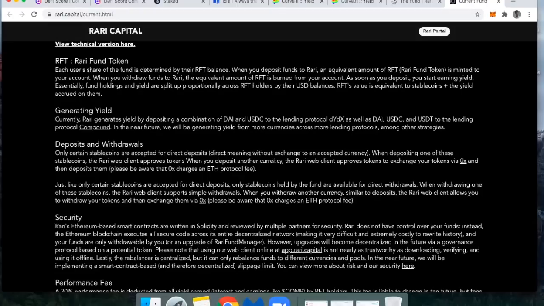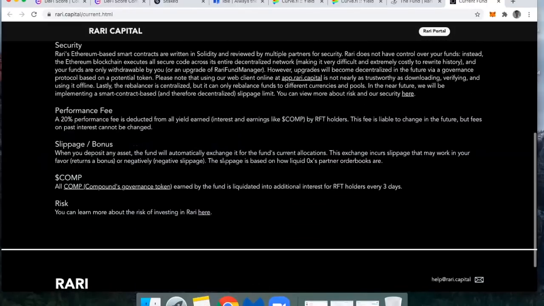Another thing to consider, and I think this is very clever, is that they are taking the COMP token, which is being earned by the fact that they are lending, let's say DAI and USDC and Tether, to Compound at some point. When they do, they're earning the COMP token.